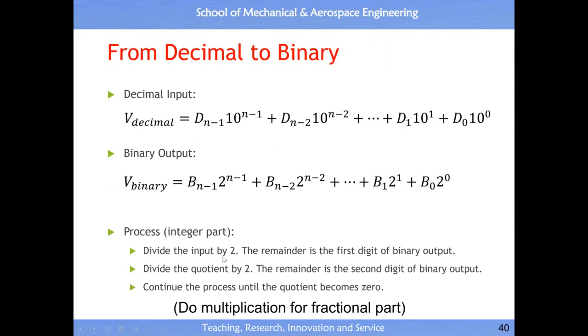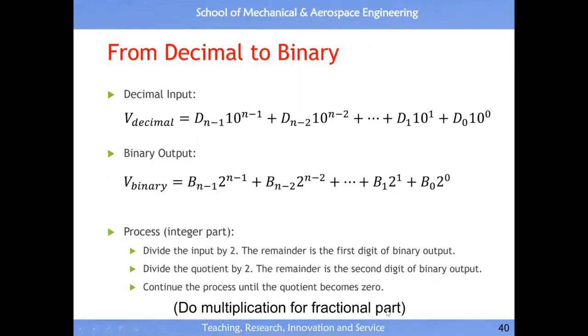We divide the input by 2, and the remainder is the first digit of the binary output. Then we have a quotient, and we divide the quotient by 2 again. The remainder is the second digit of the binary output. We continue the process until the quotient becomes 0. This is the rule for handling the integer part of a decimal.